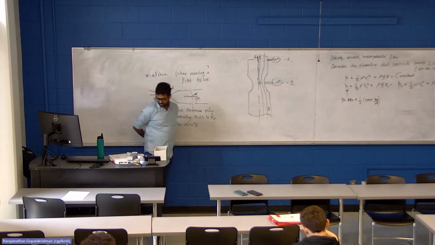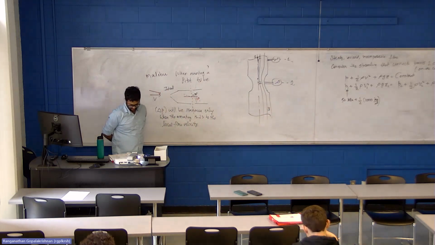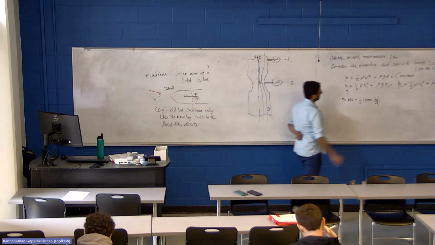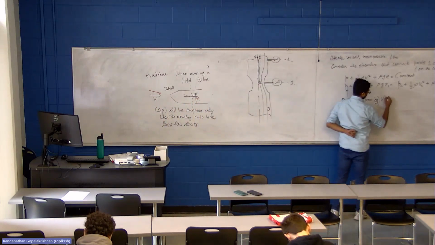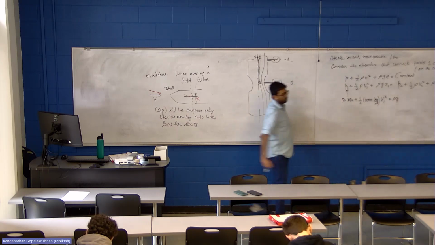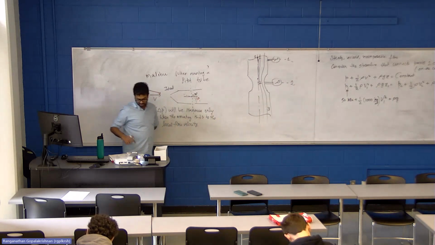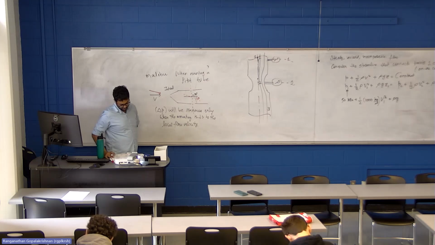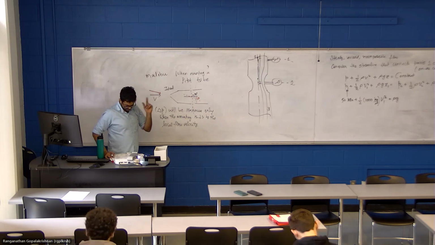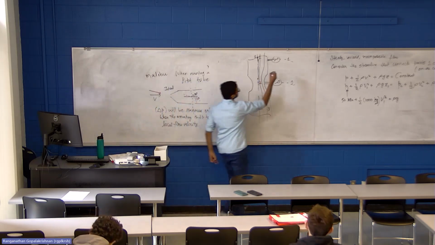Yes, P1 and P2 just cancel out. So then you have V1, which you don't know, so we'll leave it as V1 squared, plus rho g. What is Z1? What is the height difference between the 2 points from the diagram? 10 meters, right? The height difference is 10 meters.